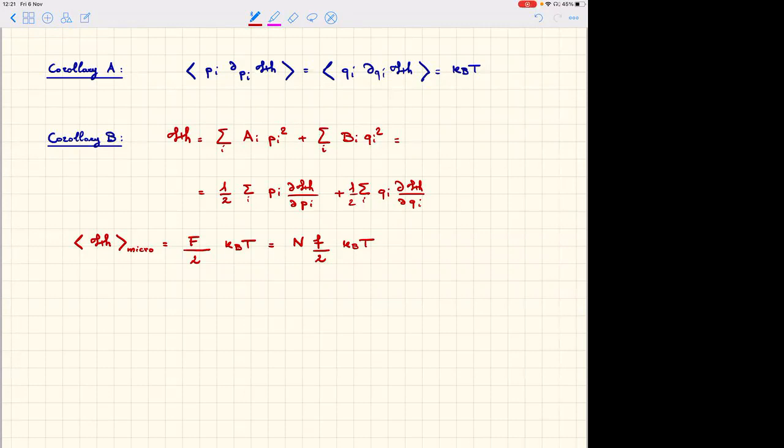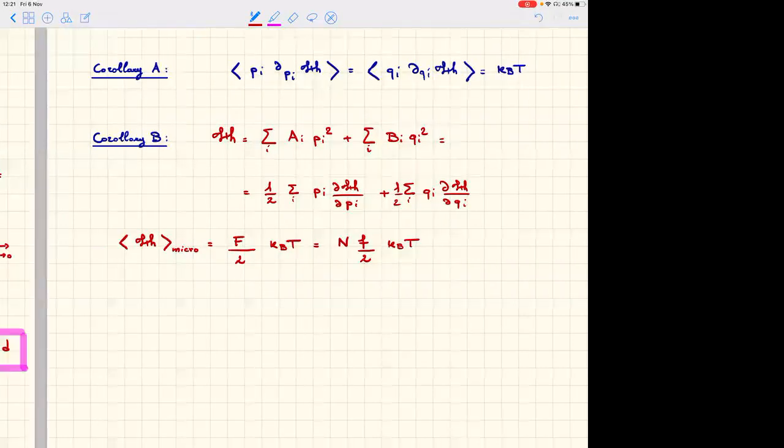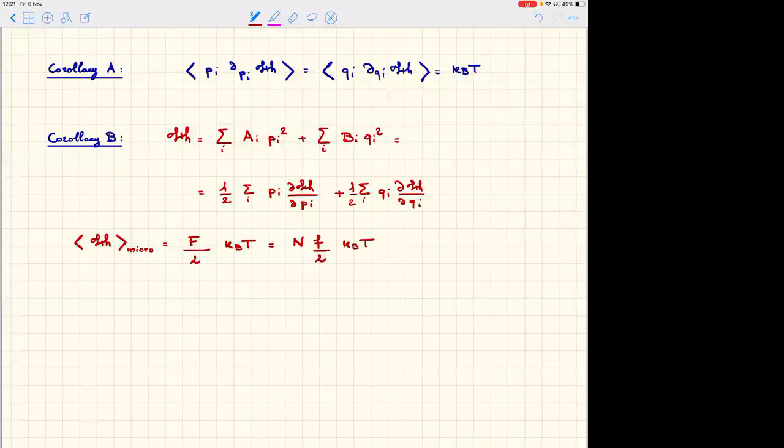Now, the applicability of this theorem is, unfortunately, limited to quadratic Hamiltonians. The reason it is limited to quadratic Hamiltonians is actually very, very simple.